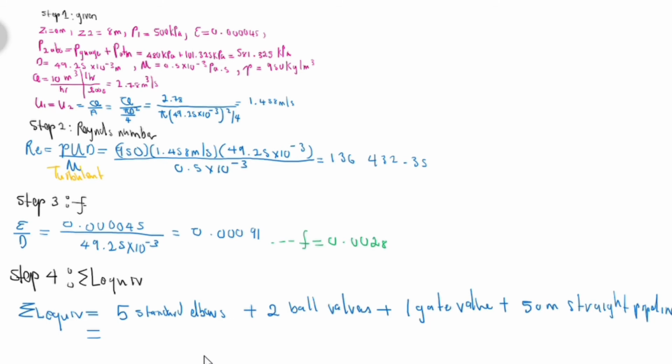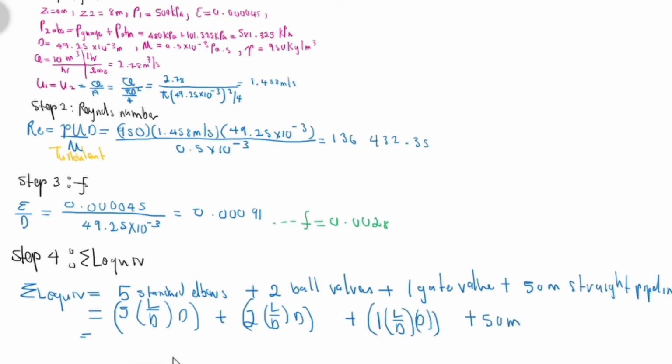So we are given 5 elbows with the length over diameter ratio, and if we multiply by diameter, we should get it in meters. Same thing here: we are given the 2 ball valves in the form of length over diameter ratio, and if we multiply this value by the diameter, we should get the value as a length. Similarly for the gate valve, I'm just going to substitute.